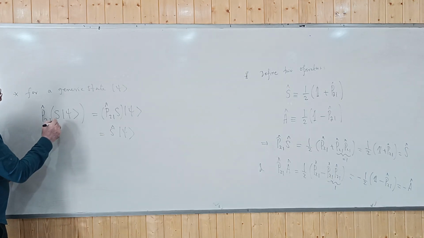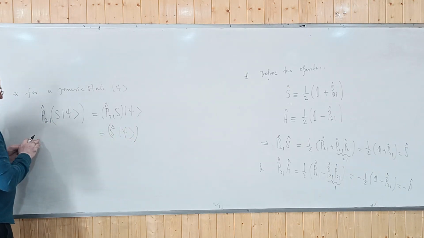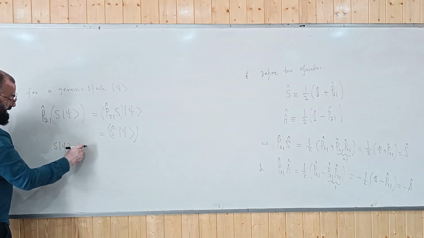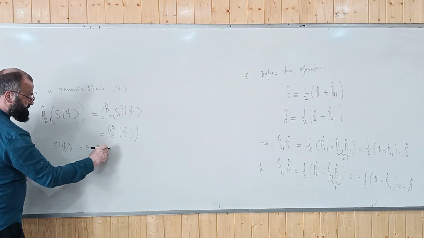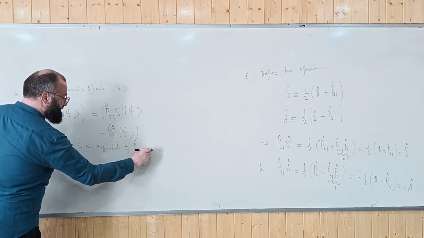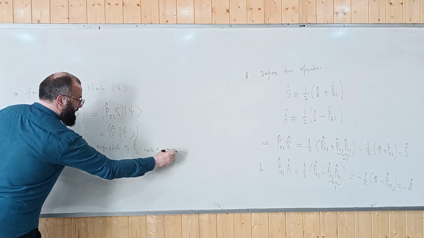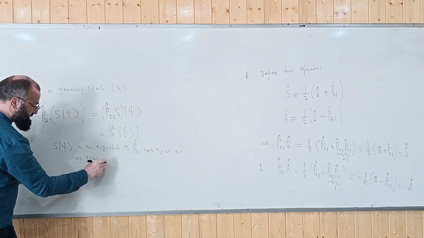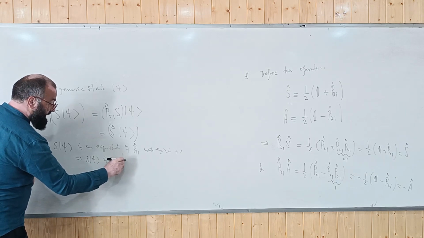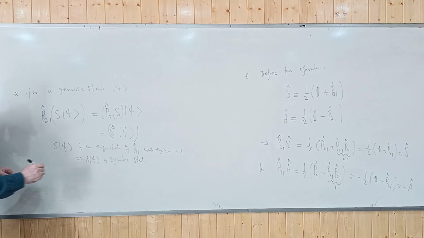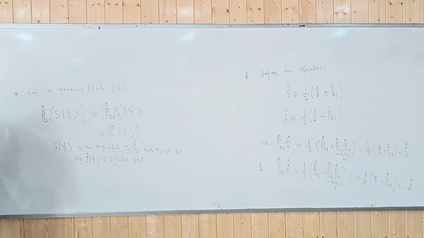So this S psi is an eigenstate of P21 with eigenvalue plus 1. It implies this S psi is a symmetric state. So you take a generic state and apply S on that, and you will get a symmetric state. I will take an example in a moment, okay?